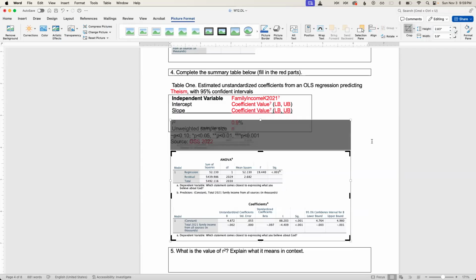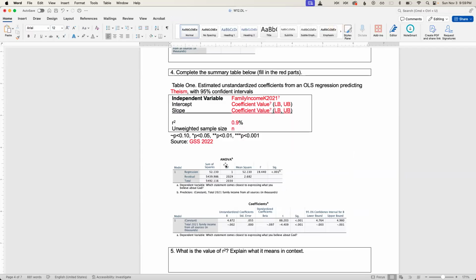Okay, now we have this ANOVA test, which is the overall F test about whether there's a significant relationship or not between our independent and dependent variable. And so overall, in our model, we can see that we're confident R squared is more than 0, meaning that there is some explained variance, that we can improve our prediction of the dependent variable by knowing our independent variable rather than if we didn't know it.